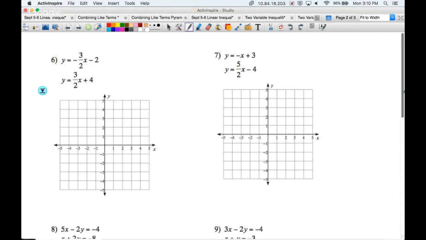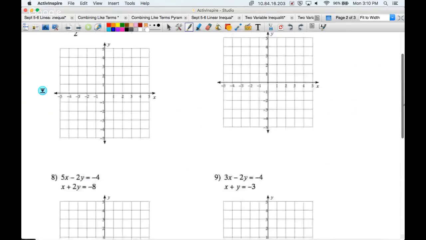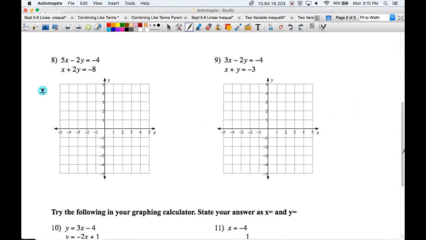Let's take a look at some of these. Numbers 8 and 9, same concept, but now they've been given in standard form. Before we graph these, we got to convert them to slope-intercept. Sorry. All right. So I'll do that in the margins. 5x minus 2y equals -4.